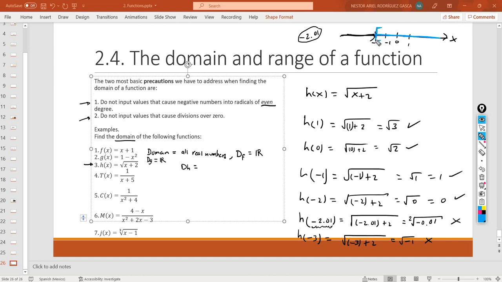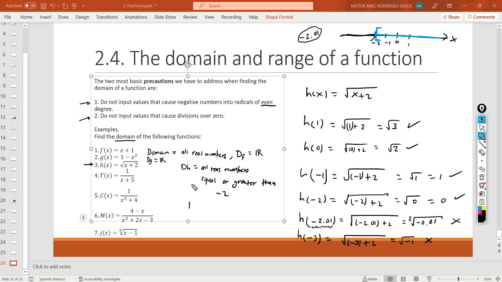And this is a square bracket because we can also give minus 2 to the function, as you could see. So the domain of h is all real numbers equal or greater than minus 2. Any number greater than or equal to minus 2 will be part of the domain, because those are the values that the function h can process in order to give you an output.